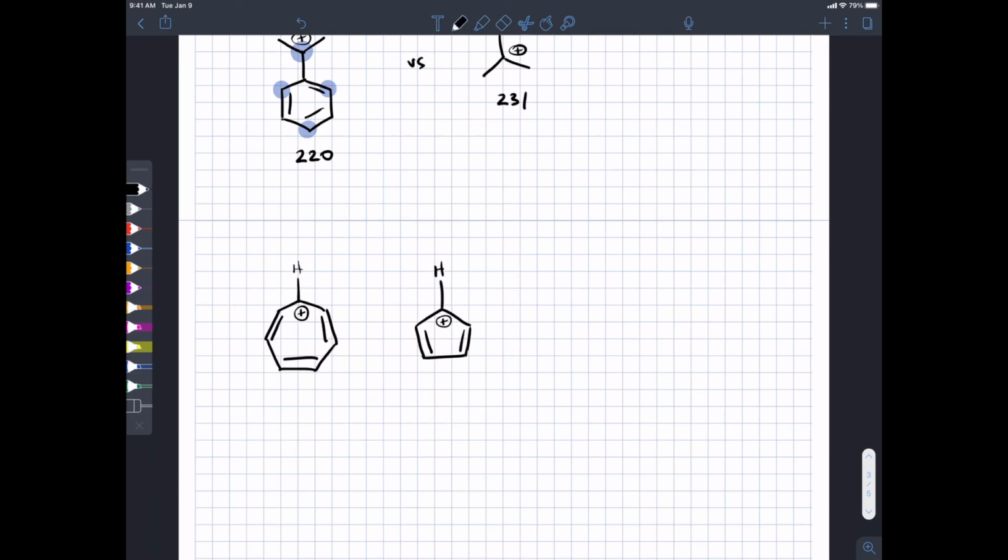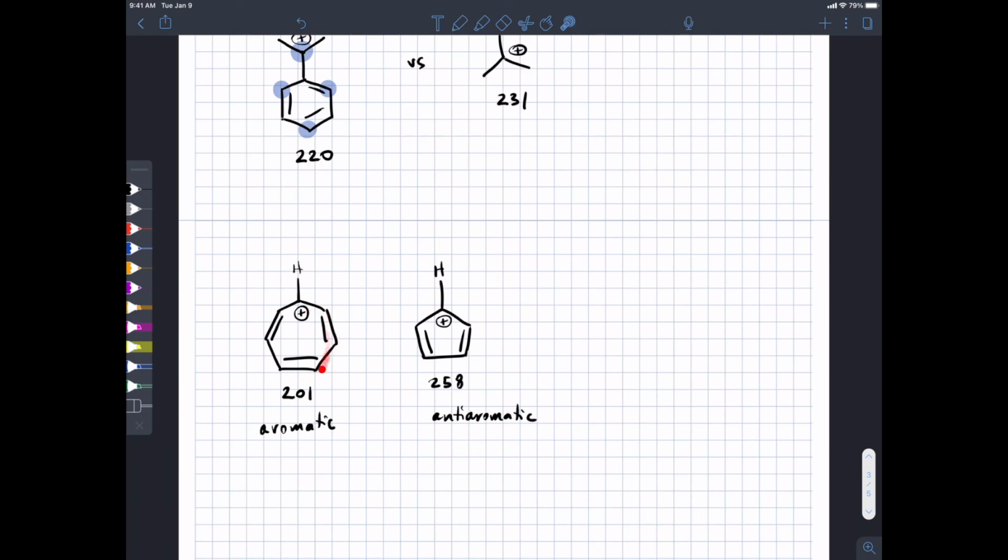This one has a hydride affinity of 201. This one has a hydride affinity of 258. Also aromaticity, right? Because the one on the right is going to be antiaromatic. Aromatic versus antiaromatic. We may talk more about what aromaticity means later.